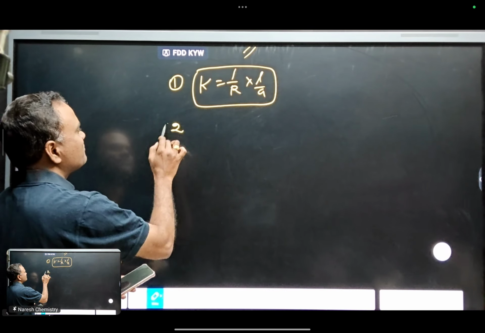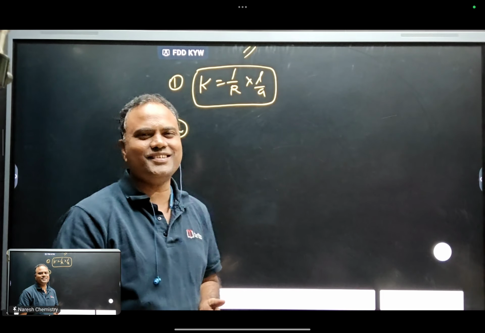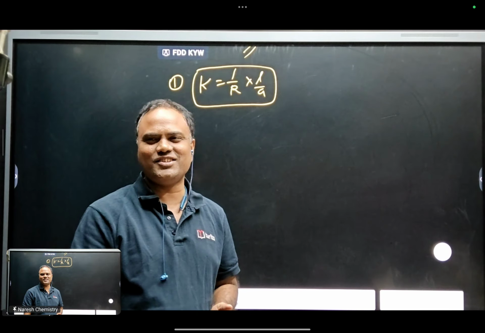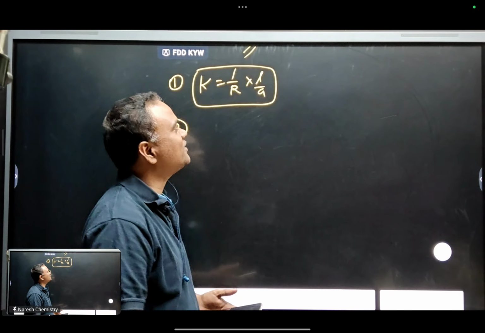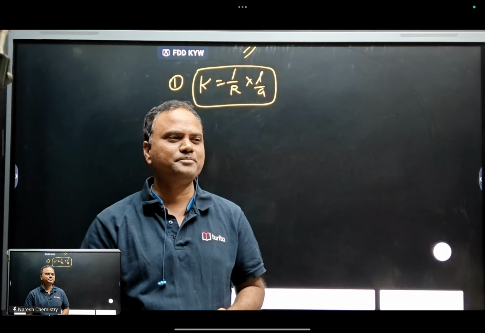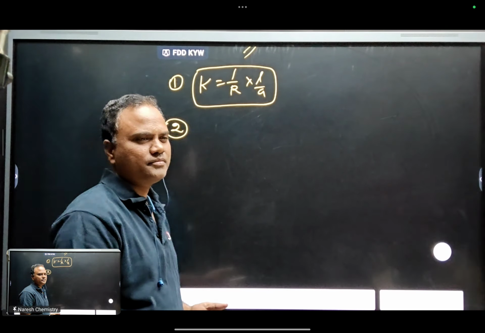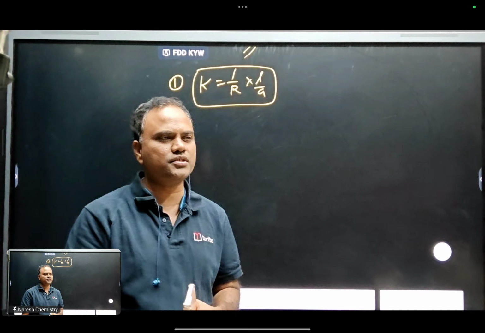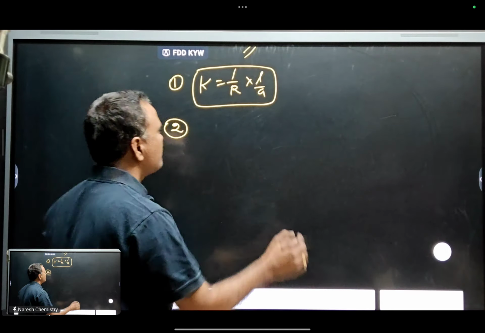You do your work, okay? What is L by A? Santosh? L by A is having one particular name. L by A is cell constant. R is the resistance. K is specific conductance, right?